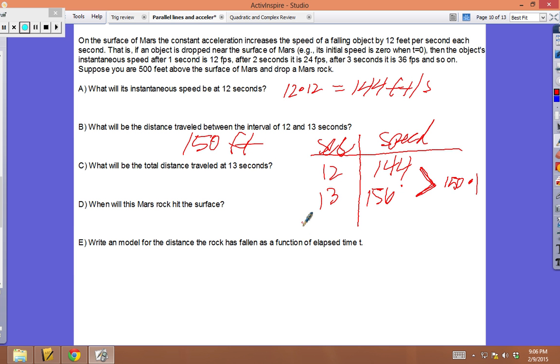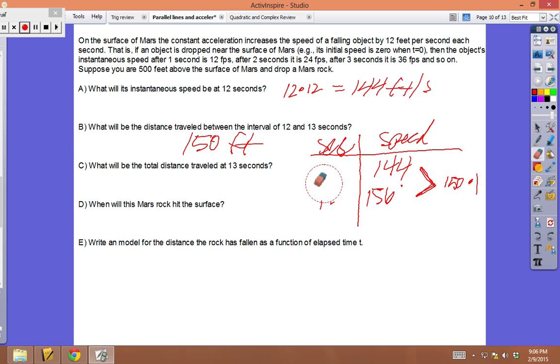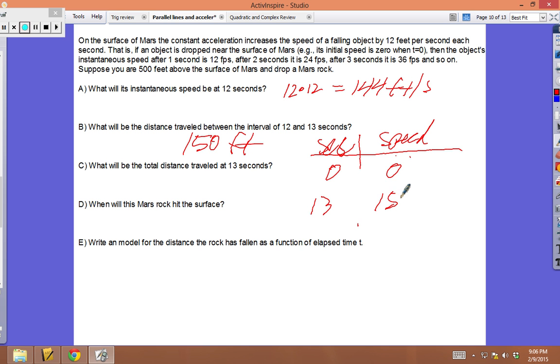Okay, now the total distance after 13 seconds. Now I've got to compare 13 from the very beginning. So at the very beginning, 0, the speed was 0. At 13, it was going 156. Now the average speed between 0 and 156 is going to be a little bit slower. Because I'm comparing with 0, I just add them up and divide by 2.